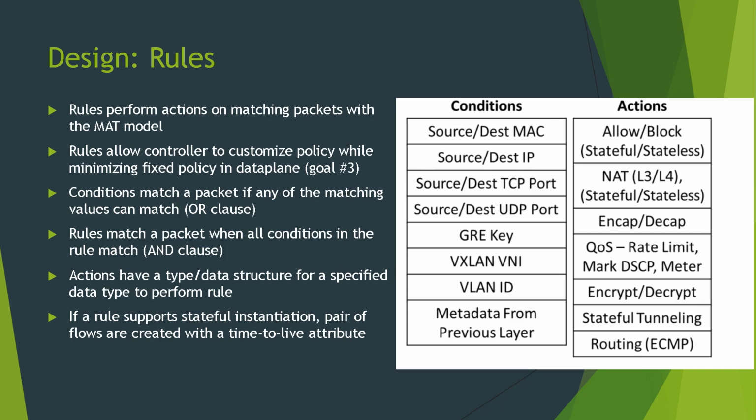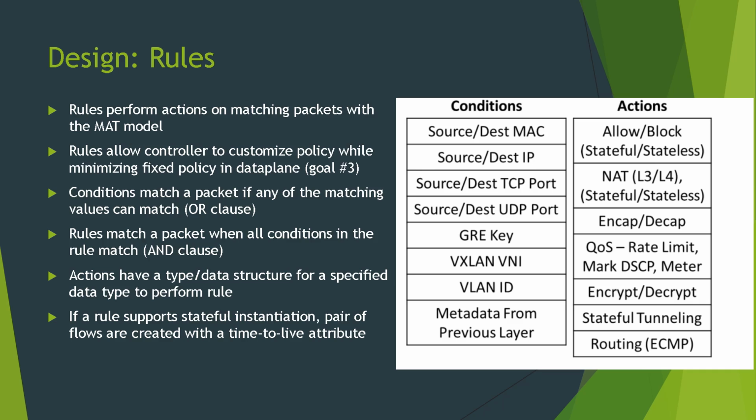Rules have conditions, which, if a condition is matched with a packet, it will then check to see what action needs to be implemented in order to satisfy that rule. For example, some example conditions could be a type, such as a source IP address, a list of matching values where each value can be a singleton, a range, or prefix.